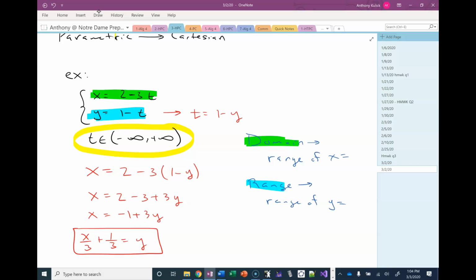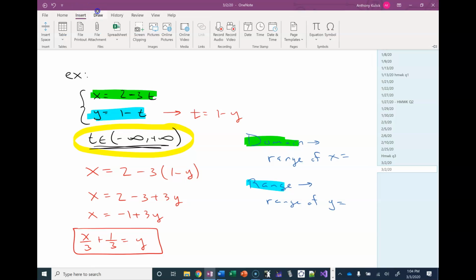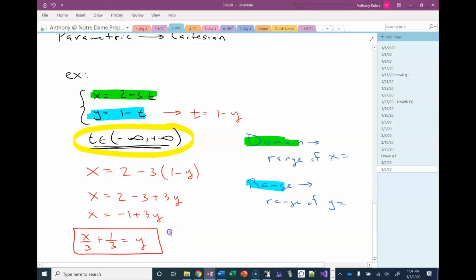And we're told the domain for this line is all real numbers. So what's the range for the line also going to be? Also going to be all real numbers. So the domain for my function is going to be also all real numbers.